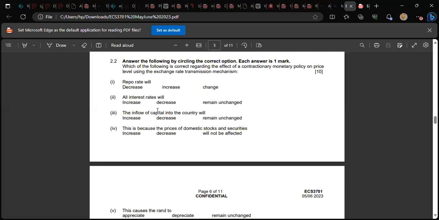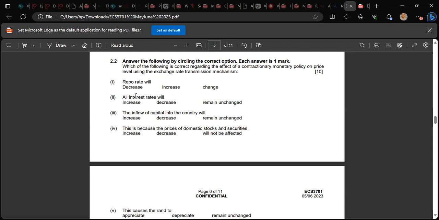All right, so the logic now, what you must bear in mind when you are looking at the exchange rate transmission or the relationship between interest rates and the exchange rate is, if let's say our interest rates are going up, like in this case of a contractionary monetary policy, it basically means, because we are saying all other interest rates are going to move in the same direction, right?